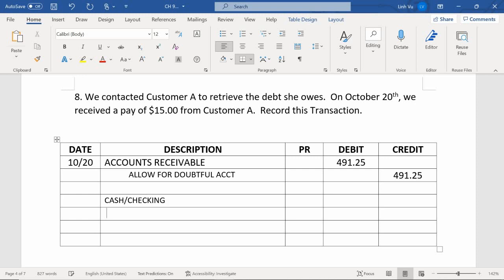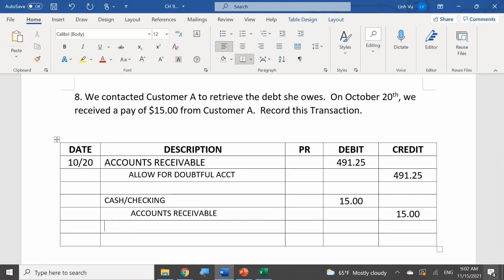It will not come directly to allowance for doubtful accounts. To accounts receivable. Yes, because she's paying for what she owes. And it's for $15. Then make a note here: received payment from customer A.